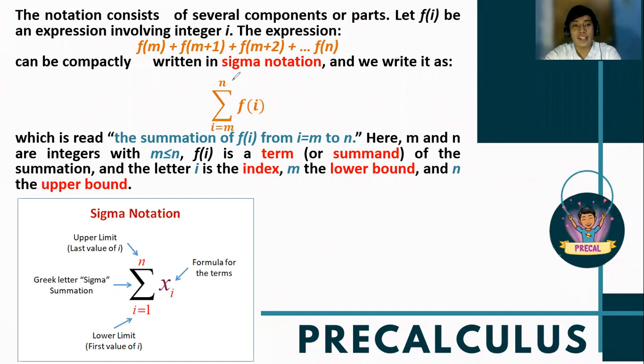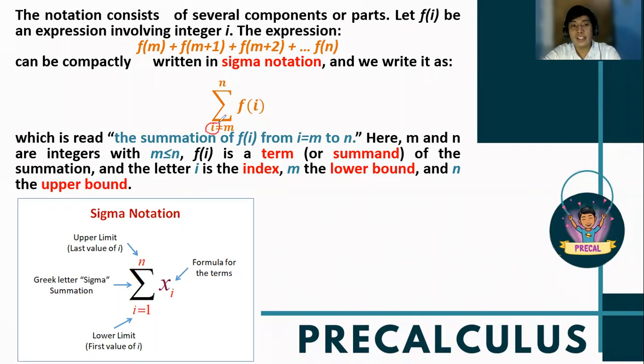Notice that there is a number on top of the sigma symbol. This is what we call the upper limit or the upper boundary. We have the m. This is the lower bound or the lower limit. The lower limit will be the first value of I, while the upper limit will be the last value of I.